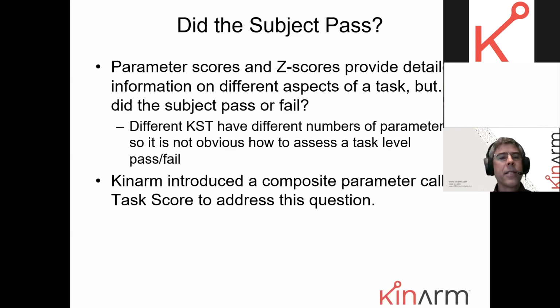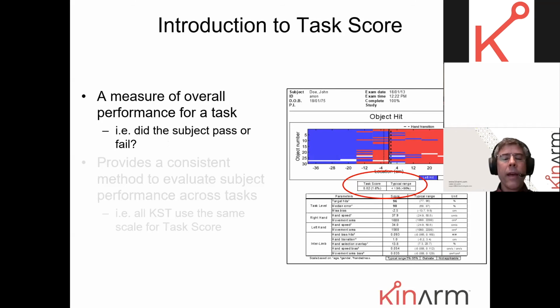To address this issue, we introduced a parameter called the task score, whose goal was really to try to provide an answer. Did the subject fail or not? Because if they pass, I don't really need to look at any more of the details of their parameters. But if I do fail, well, then I might want to dig a bit more. This is what I had mentioned earlier, shows up on the reports is this task score.